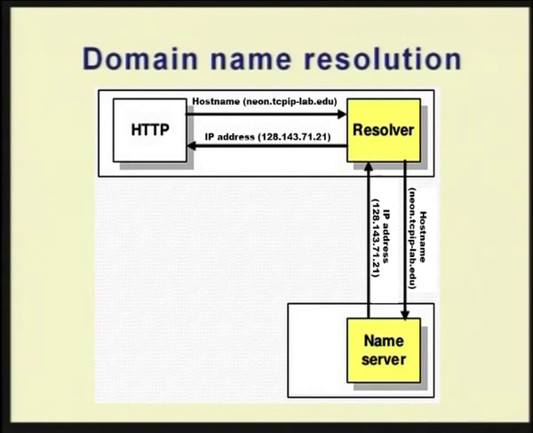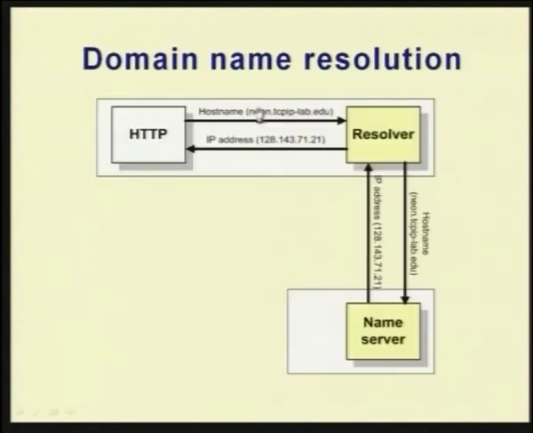Typically, let us say from the HTTP protocol, I've got a web browser, and from the browser I am specifying some address. What I have specified there is what is referred to as a host name. The host name in this example, say for instance neon.tcp/ip lab.edu, is the host name that is specified. Now the HTTP protocol needs the IP address so that it can continue with its process.